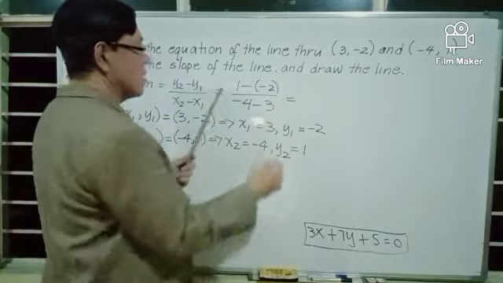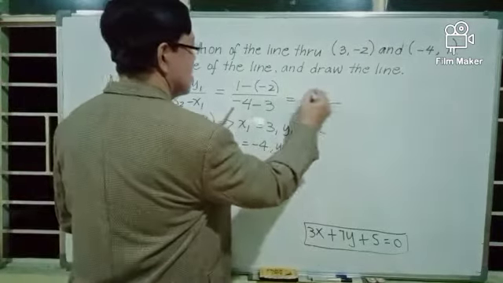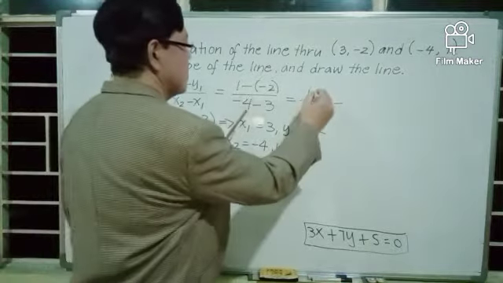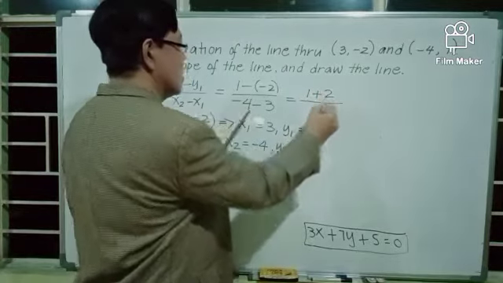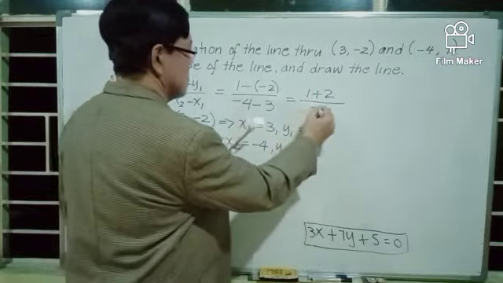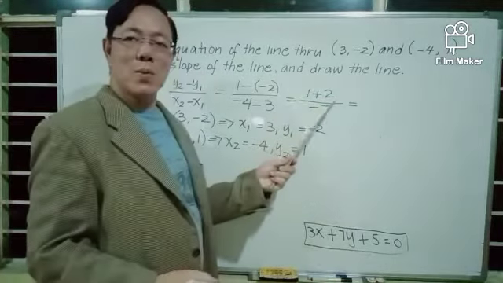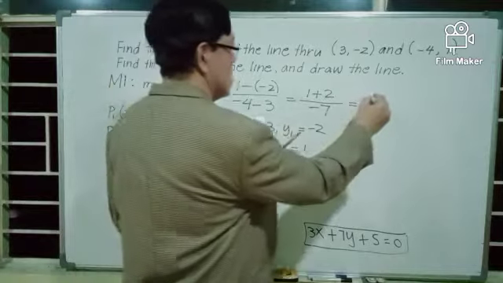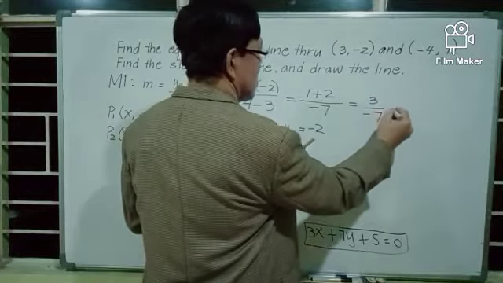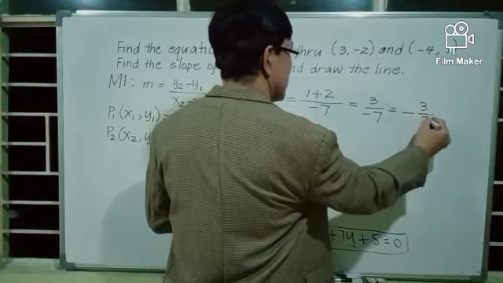We simplify. Numerator, we have 1. Negative times negative is positive, plus 2. And negative 4 minus 3 is negative 7, which is equal to 1 plus 2 is 3, divided by negative 7. Or you can write negative 3 over 7.